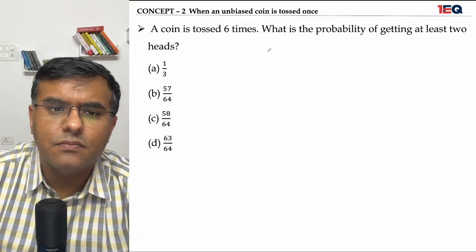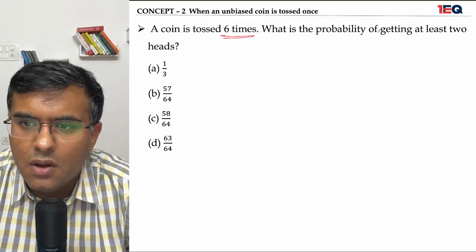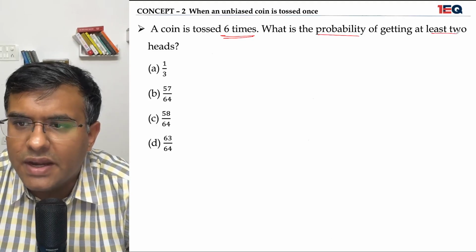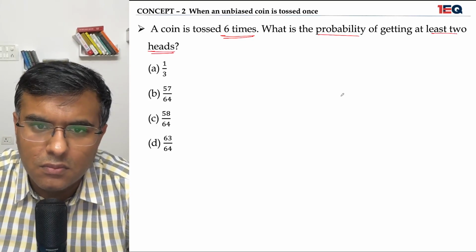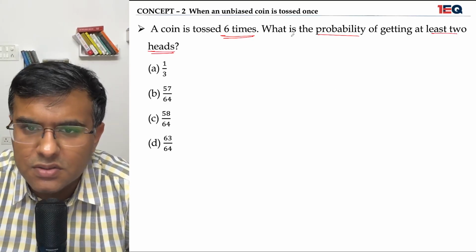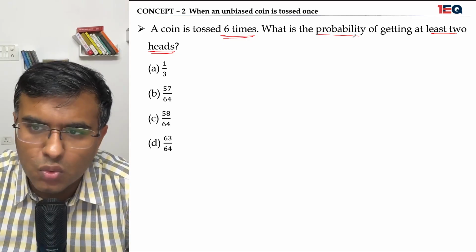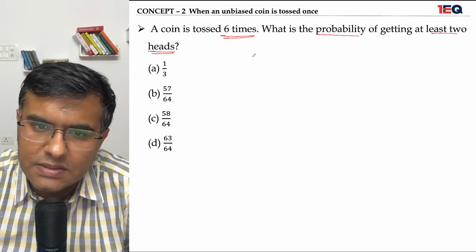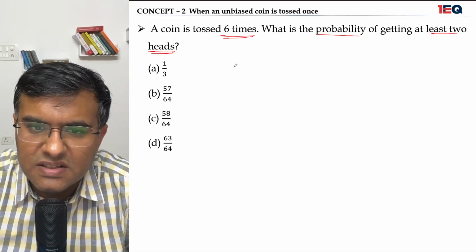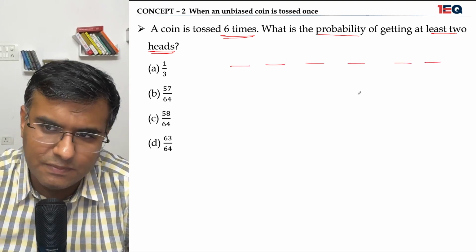Moving on. A coin is tossed 6 times. What is the probability of getting at least two heads? When I talk about getting at least two heads, this is the sample space which I have available for me: 1, 2, 3, 4, 5, and 6.